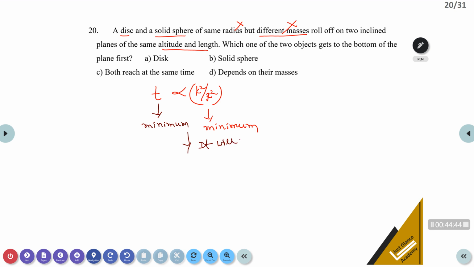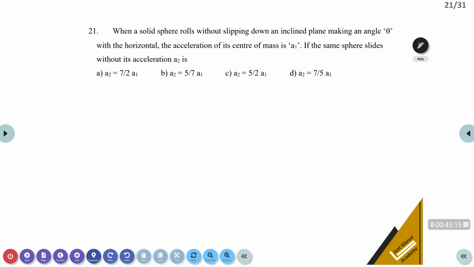For the disk, k square by R square equals 1 by 2, which equals 0.5. For the solid sphere, k square by R square equals 2 by 5, which equals 0.4. So the solid sphere will reach first. Next.